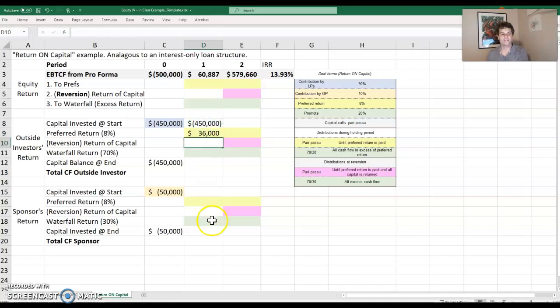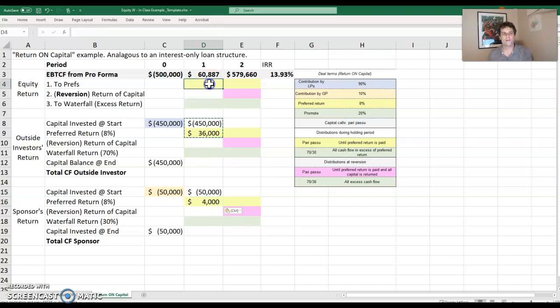So $36,000 for the outside investors, and just copying over the same formulas, $4,000, which is 8% of $5,000 for the sponsor or the general partner. Now, a big difference between this and return of capital is the next step is the waterfall.